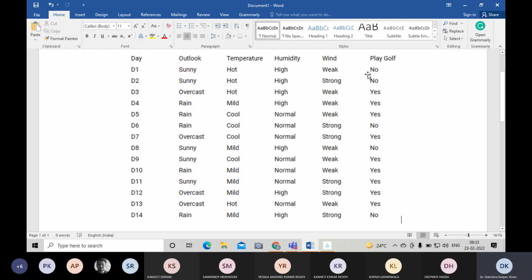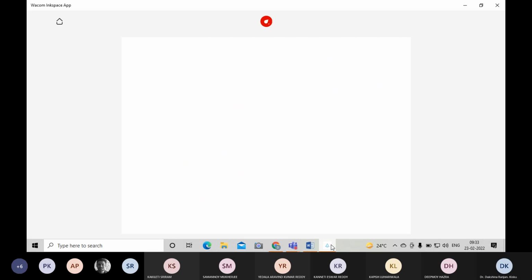Here we are having 1, 2, 3, 4, 5. So the number of no class is 5 and the number of yes class is 9. And the total number of classes is 14.